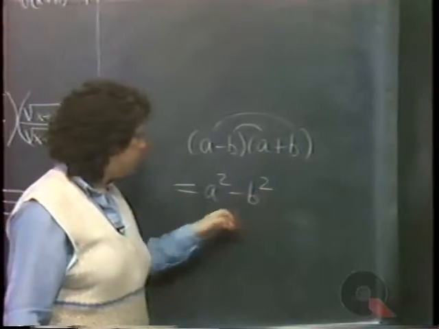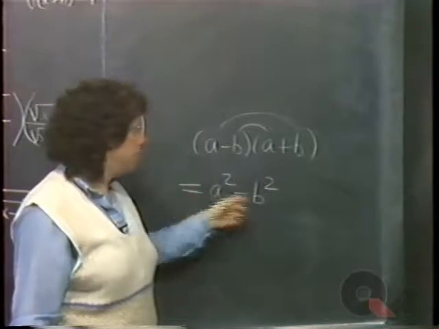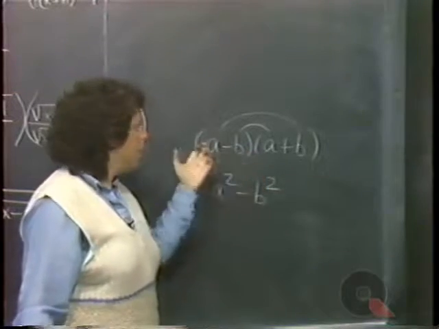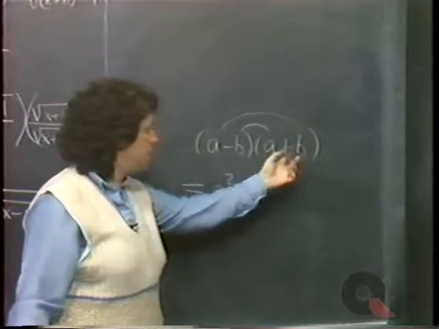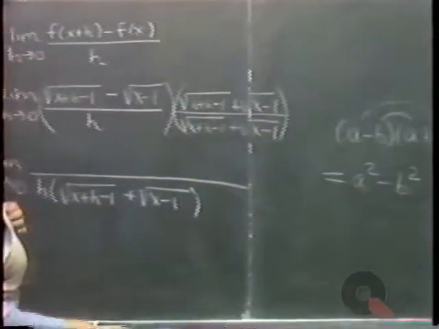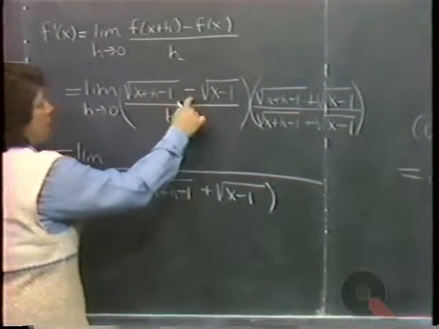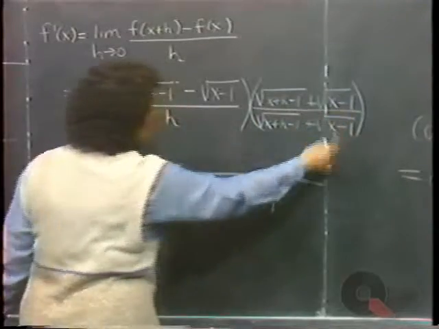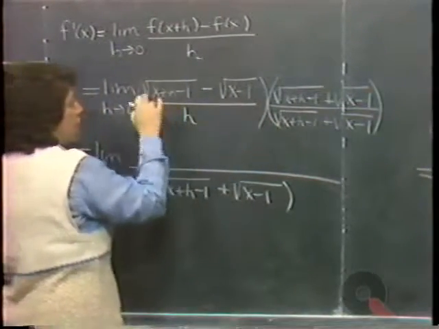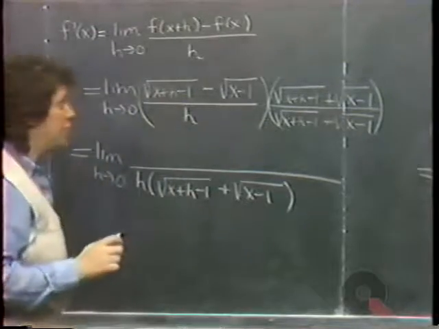You very often learn this in algebra as a way of factoring the difference of two squares. The sum of the numbers times the difference of the numbers. Here we're using it as a minus b times a plus b is a squared minus b squared. Well, if that's true, let's look over here. A minus b times a plus b should be a squared minus b squared. But when you square a square root, you're just going to get what's under the radical.